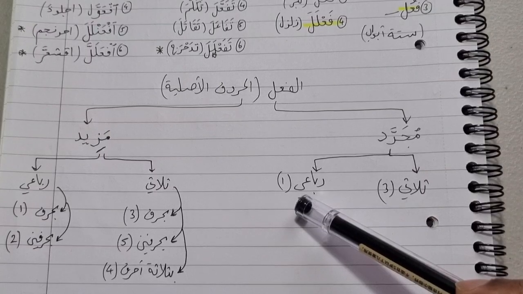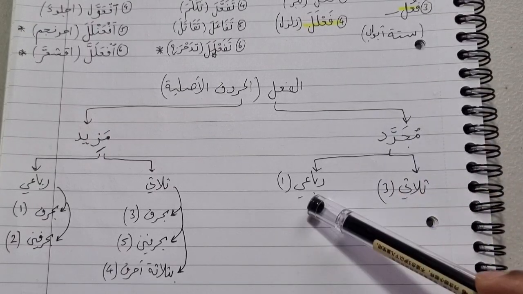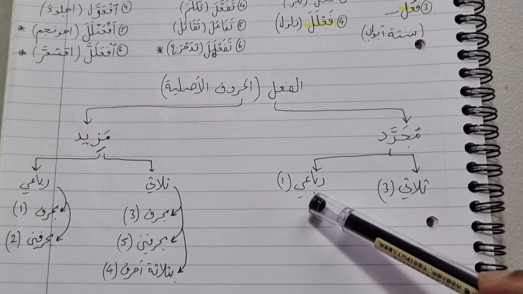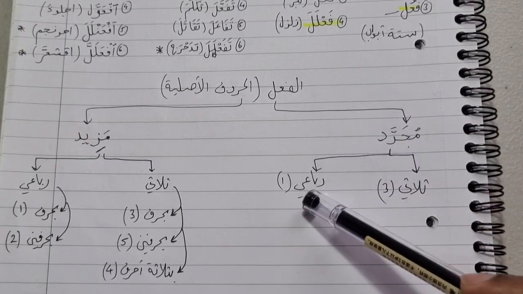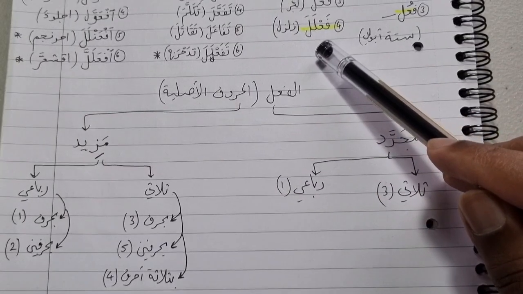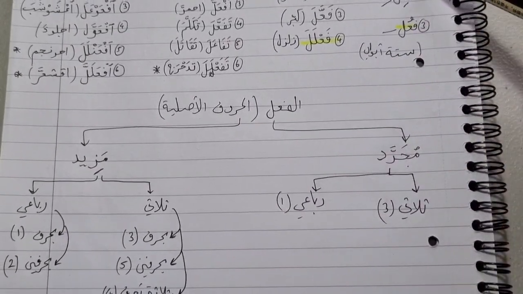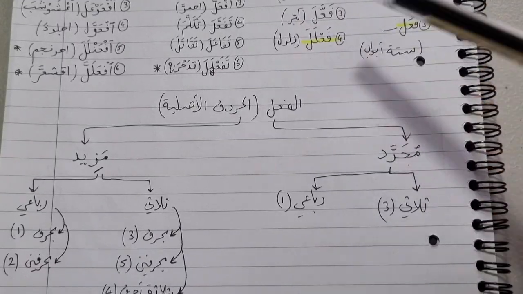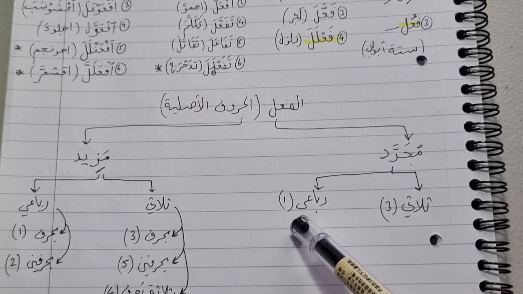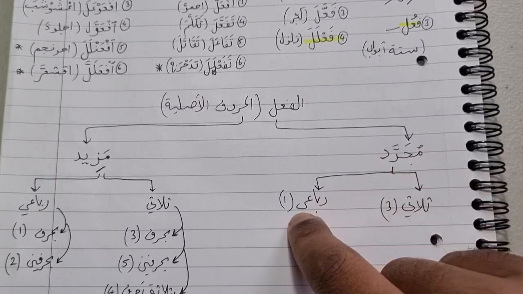Ruba'i mujarrad is a verb that consists of 4 letters, and each one of these 4 letters is a root letter. How many scales of ruba'i mujarrad do we have? We only have 1. And that is fa'lala here. That's why I highlighted it in yellow. So fa'ala, fa'ila, fa'ula, and fa'lala. These 3 are here, and this one is here. So there's only 1 mujarrad ruba'i.